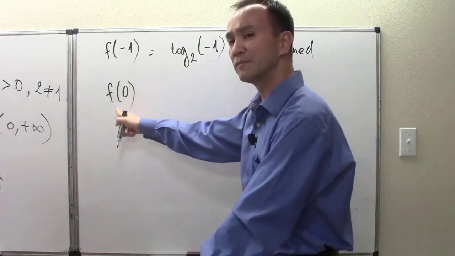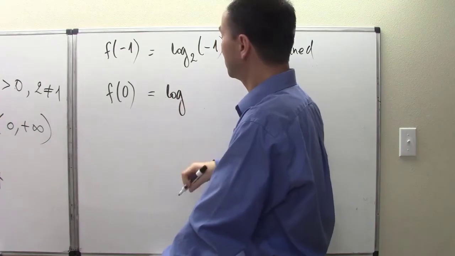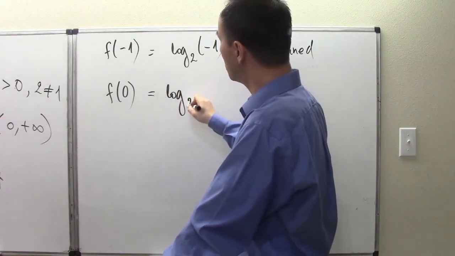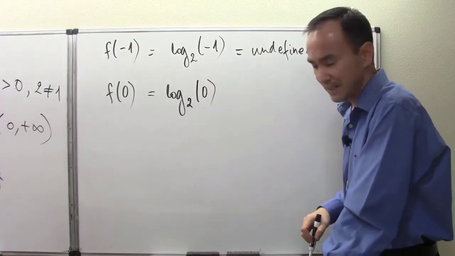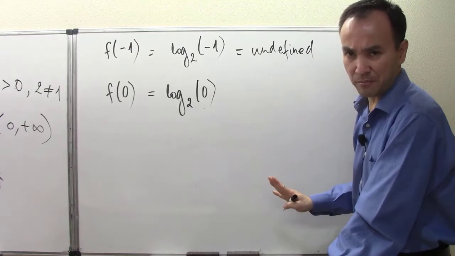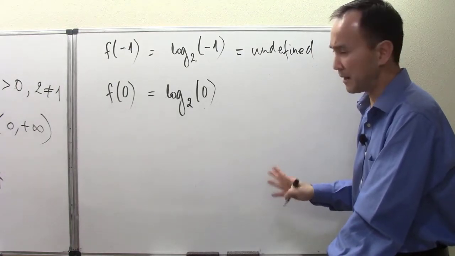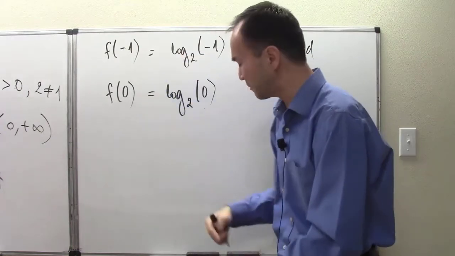According to the rule of this function, it's going to become log base 2 of 0. Right after you have learned from my introduction video what a logarithm is, it should be enough for you to start thinking a little outside of the box here.